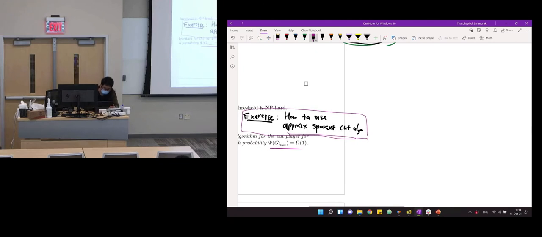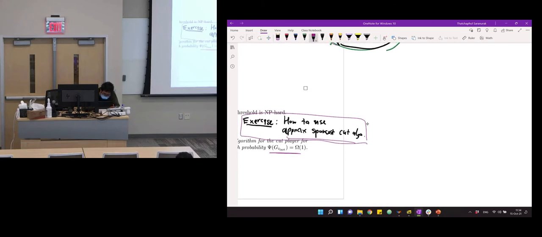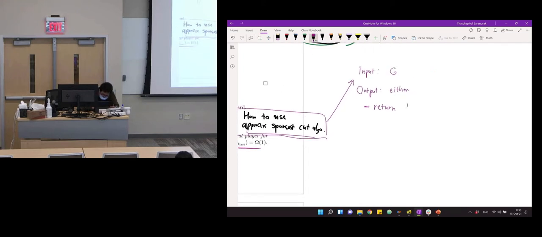Let's say that I have this subroutine. Let's say that I'm given a graph as input, and the output is either to return a balanced sparse cut, which is what we want for almost all the rounds, a cut S where psi of S is small.